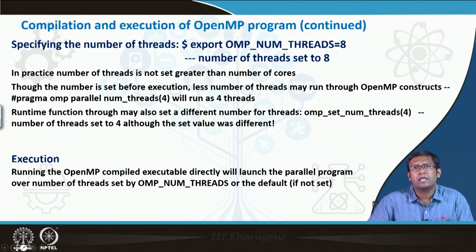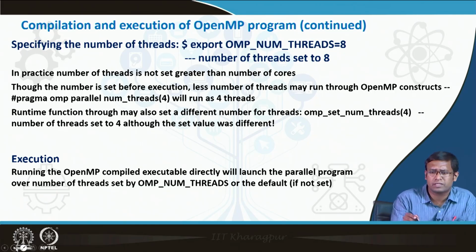And execution: running the OpenMP compiled executable directly will launch the parallel program. For executing the OpenMP parallel program, you have to do nothing, just run the executable. And before that, we believe you have set the number of threads if it's not specified within the program. So the programmer can specify it within the program, or the person who is running the program, the application person, can set the number of threads by the export variable.